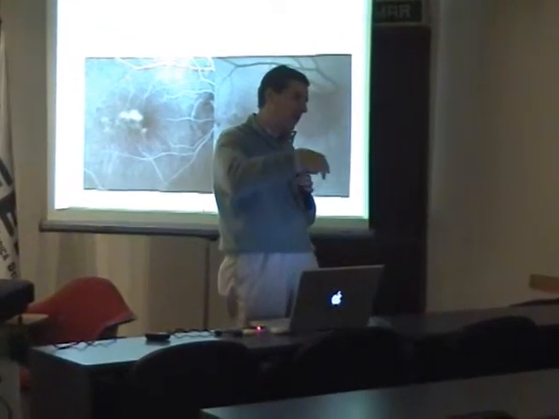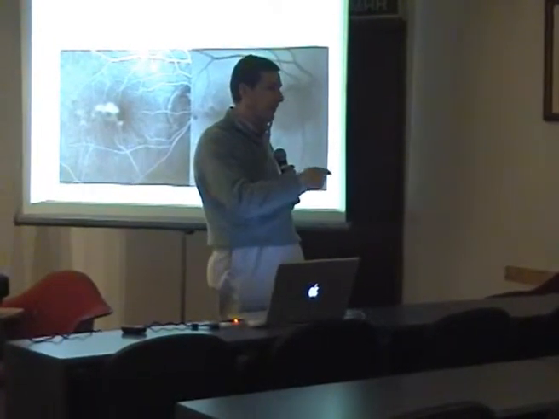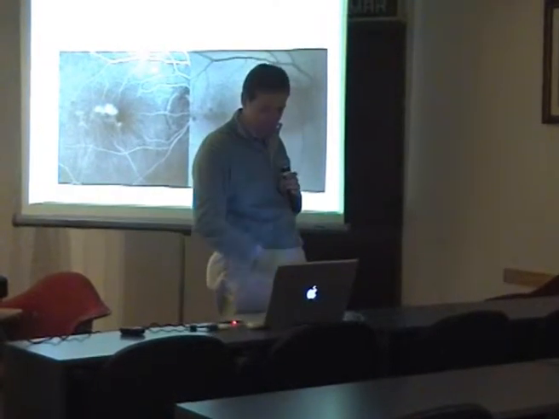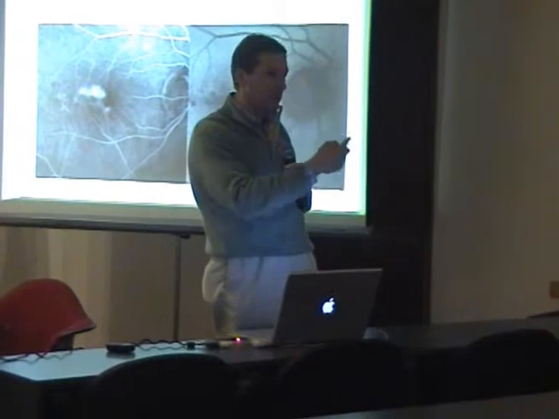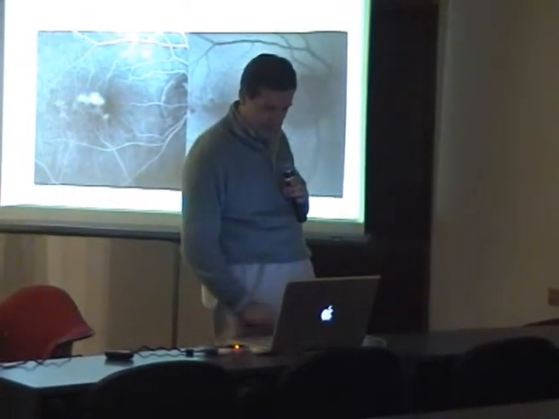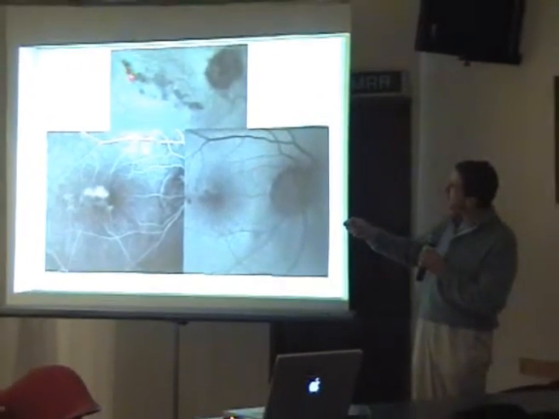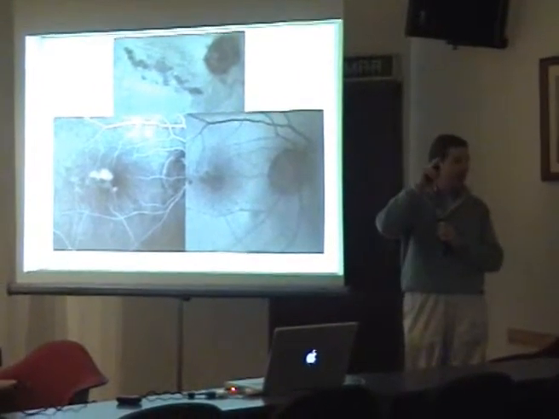You know that there are people who say the ICG is not important in myopic eyes. I will try to convince you that it's crucial to have an ICG. I'm used to take the early ICG, but in myopic eyes it's good to take the late ICG. And this is the late ICG, and it shows that you have some suffering choriocapillaris.